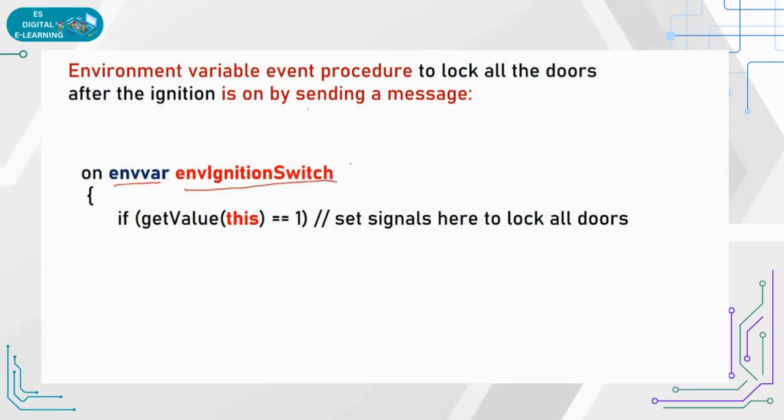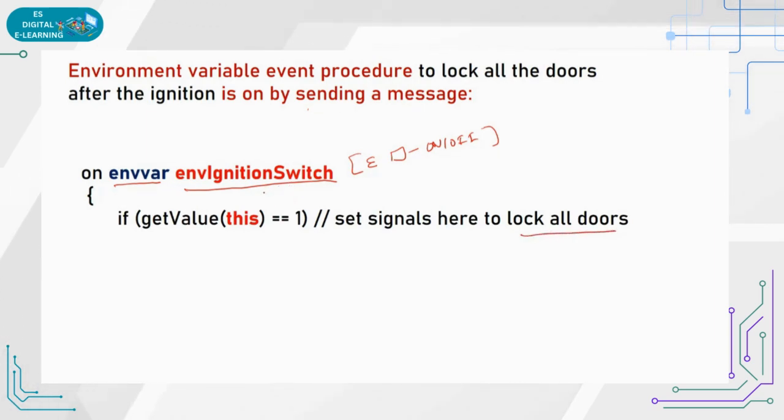The ignition switch is an environment variable, a kind of physical switch where we make on and off. My requirement is to lock all the doors, so set the signal here to lock all the doors. This is a reference of the ignition switch.